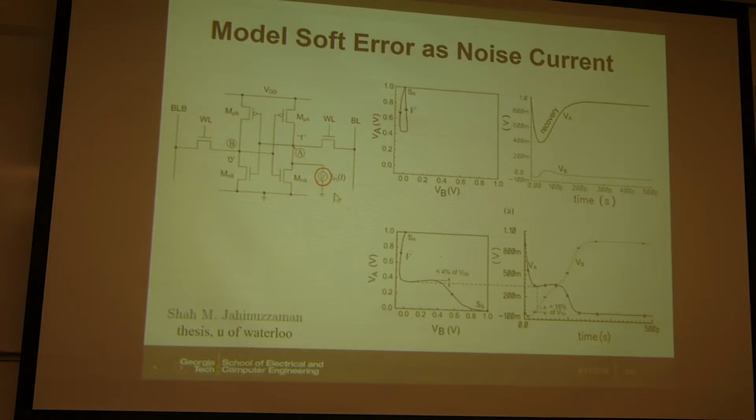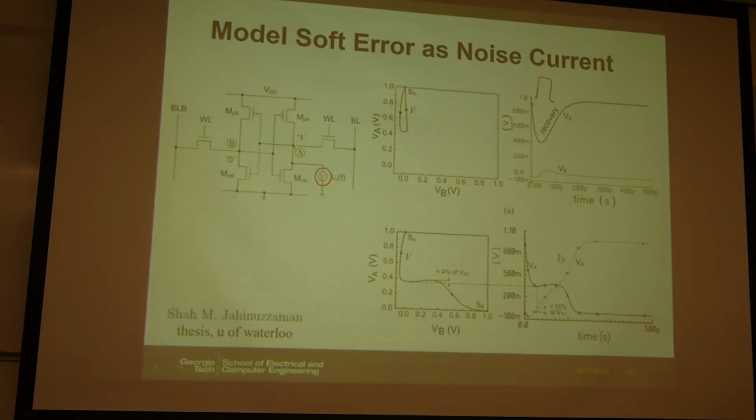If the noise, let's say its amplitude or its duration, is small, then you may have the recovery, right? This is the transient simulation in terms of the voltage of those two nodes. If the noise only appears for this period, then after that this cell can recover.